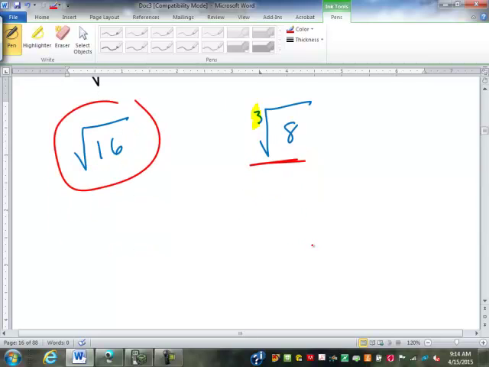The square root symbol, square root of 16, is asking us what number squared equals 16. Careful. 4 squared equals 16. So the square root of 16 is 4.